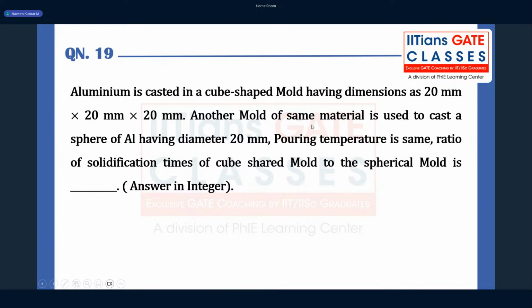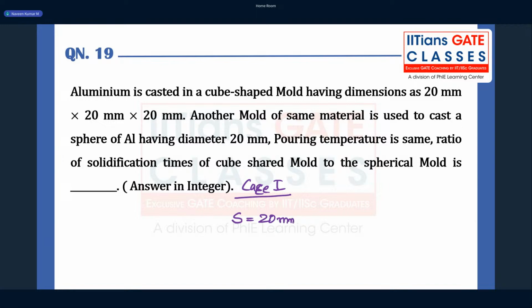Another mold of the same material is used to cast a sphere of aluminium having 20 diameter, and the pouring temperature is the same. Ratio of solidification time, same question. They are not changing it, right? So case 1, this is a cube. The side of the cube is 20 mm.